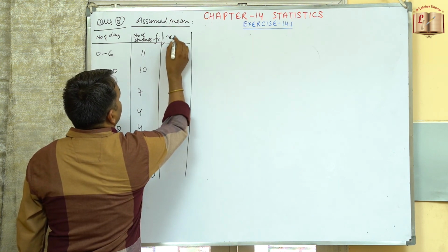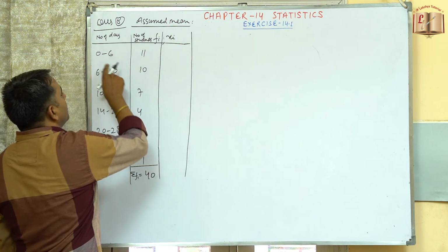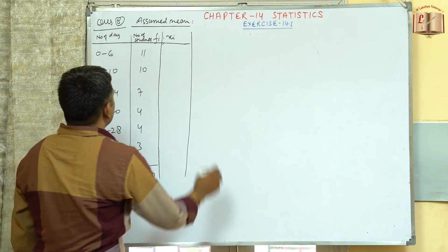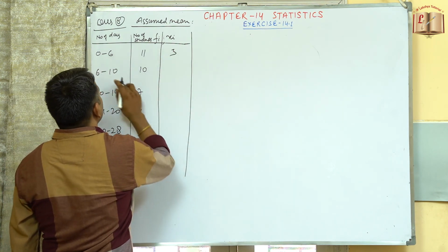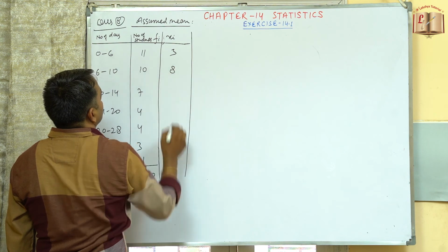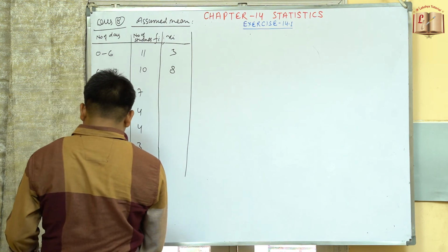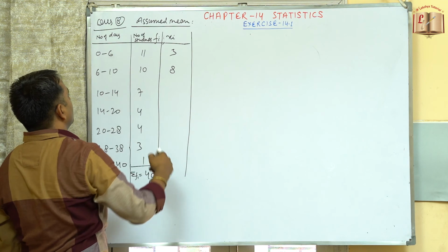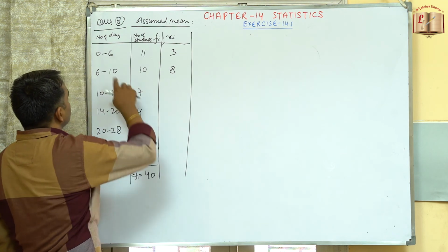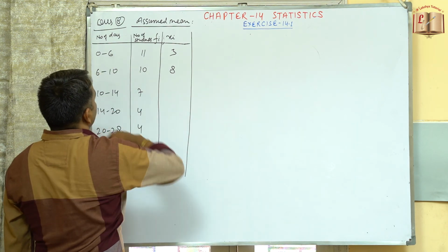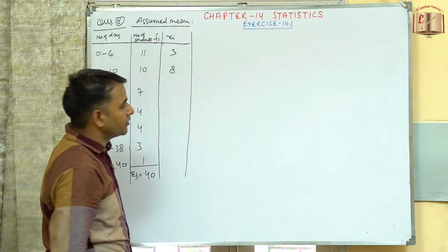Now we will first calculate this xi. Xi is the upper limit plus lower limit divided by 2. So for this it will be 3, and this will be 8. Different intervals are given, so we cannot take up a generalized form for this.